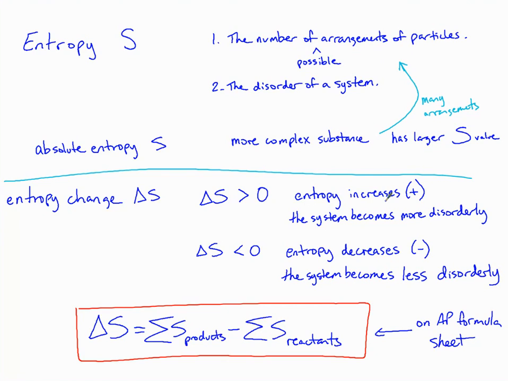There is a formula on the AP formula sheet, and it's here at the bottom. Delta S equals the sum of the entropy of all of the products minus the sum of the entropy of all of the reactants. You'll see an example of this towards the end of the video. There's a second way you can calculate delta S, and this is using Hess's law. We've had this idea of Hess's law before.